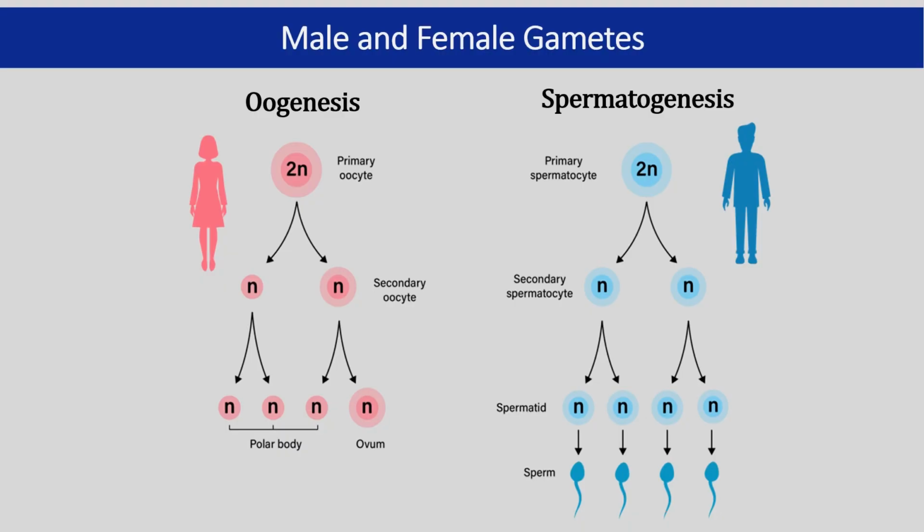In the sexual mode of reproduction in humans, the male produces the male gamete called the sperm, and the female produces the female gamete called the ovum. Because these gametes are produced in the process of meiosis, they contain a haploid set of chromosomes, which is represented by n.